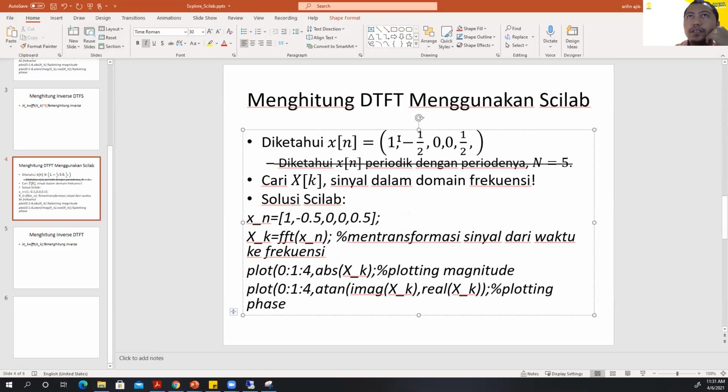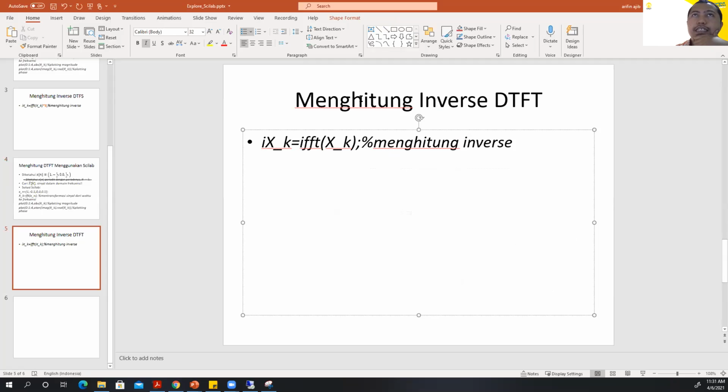You can see here that the total sample is 5, so the result will be the same as the previous one because we pick up this one. And this is the inverse of the discrete time Fourier transform.